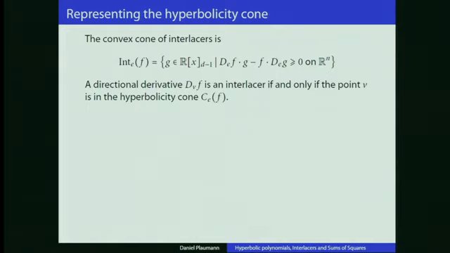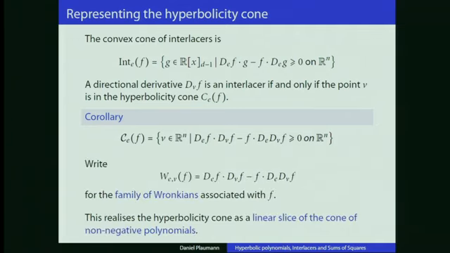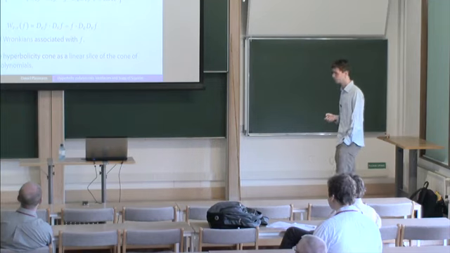And so if you put this together, you get a description of the hyperbolicity cone, which at first looks a little confusing, but it's in principle clear from what we have said. So the hyperbolicity cone is the set of all points for which this is a non-negative polynomial, right?